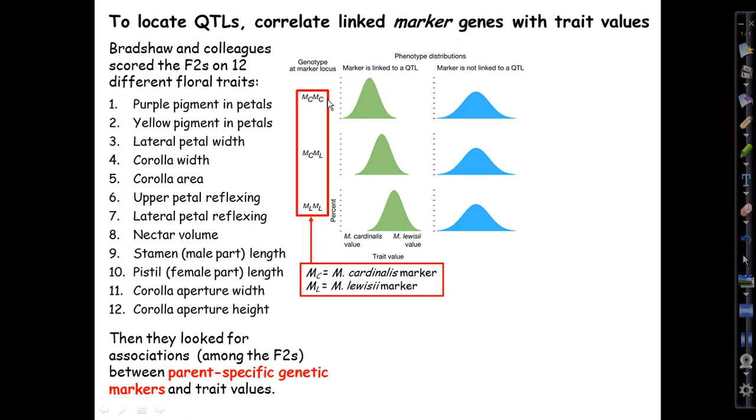Right, so in cardinalis, many of these cardinalis marker, cardinalis QTL pairs got put together, and likewise in lewisii, marker alleles got paired up with lewisii alleles at the quantitative trait locus. And then in the F1s, we create instant, maximum possible linkage disequilibrium, and then we follow how those pairs segregate out in the F2 and perhaps succeeding generations, but in this experiment they just work with the F2s.